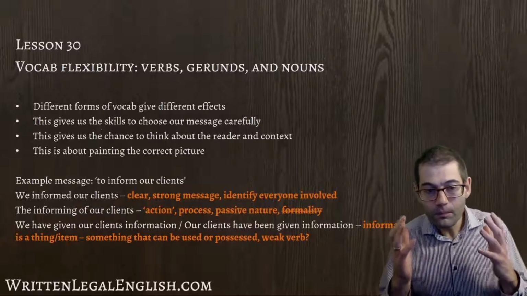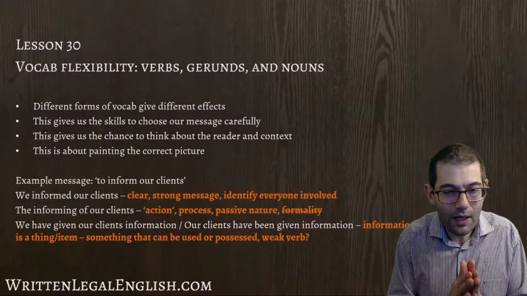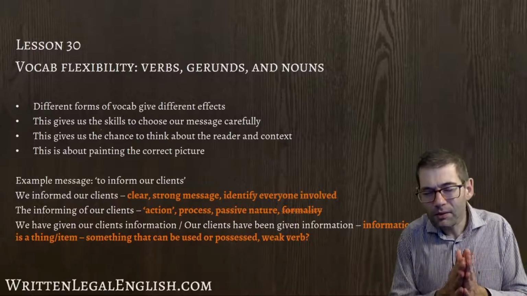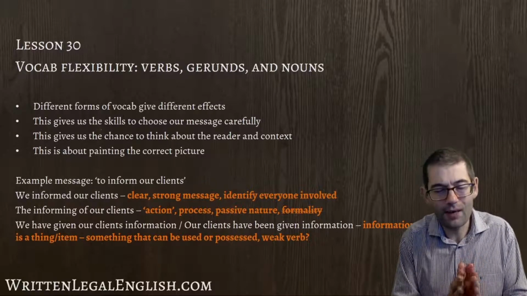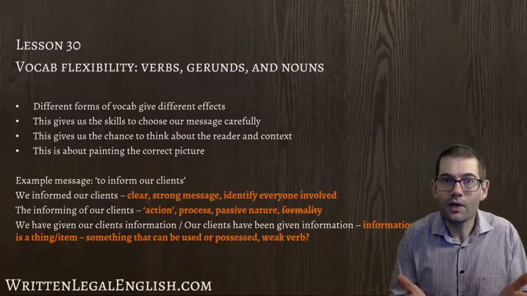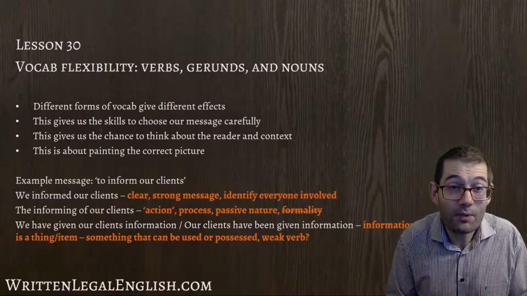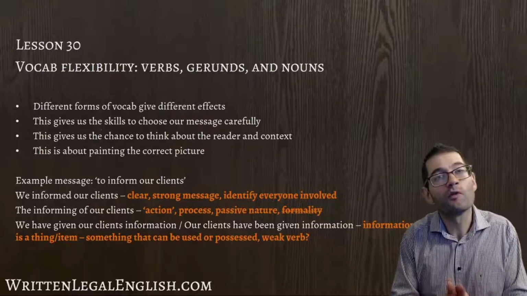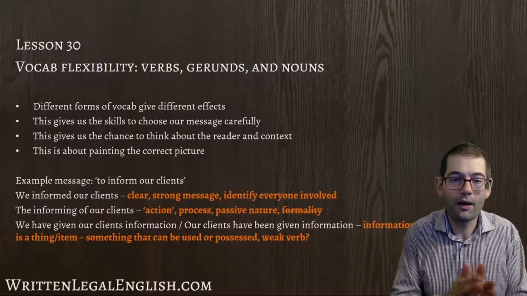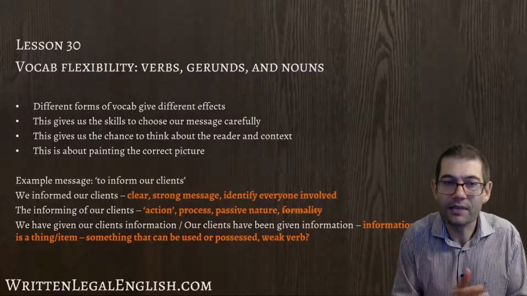Now, this is a decision for you as a writer. You've really got to ask yourself that question. Do I really want to say that information is a thing, or is it sufficient for me to say we informed our clients? Now, it has to be decided on a case-by-case basis, but one example of bad writing is where we are focusing on nouns all of the time, and particularly these -ion nouns.